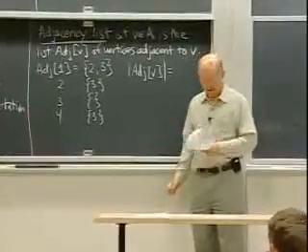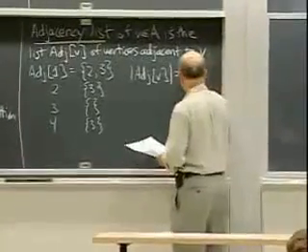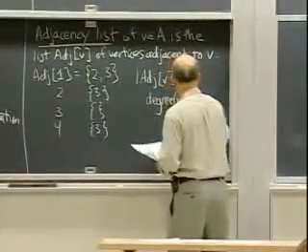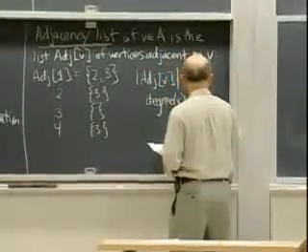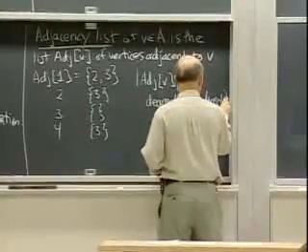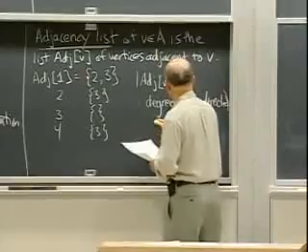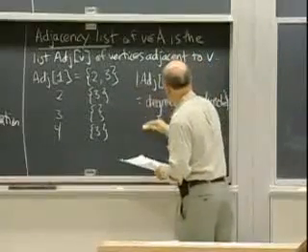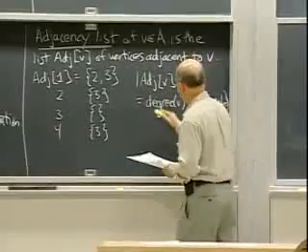It's the degree. In an undirected graph, we call it the degree of the vertex. This is undirected. So that's in the undirected case.